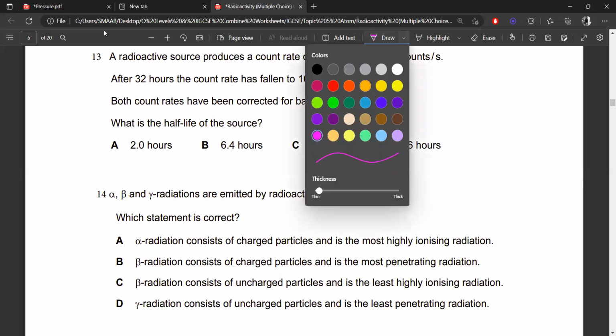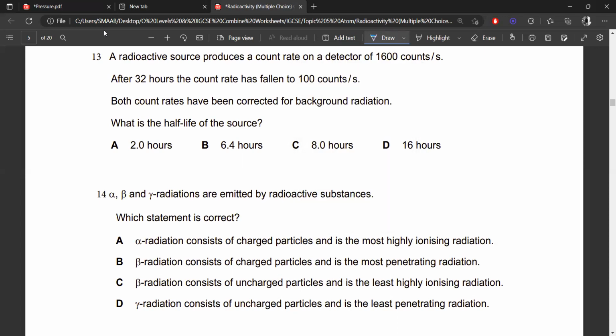If we start from 1600, after the first half-life we get 800, right? Then 400 after the second half-life, and 200 after the third half-life. After the fourth half-life we get 100. So we get 100 after four half-lives, right? It takes 32 hours for four half-lives.